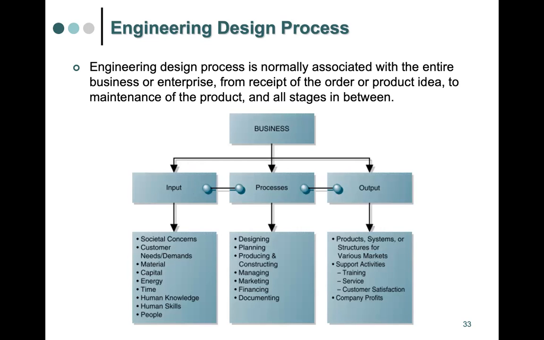Especially at this time, the time for online shopping, you can see so many products in Tokopedia or Shopee and Lazada and so on. And innovation always happens. For the process, it comprises designing, planning, producing, constructing, and financing documents, and then we get the output as a product system structure for various markets.